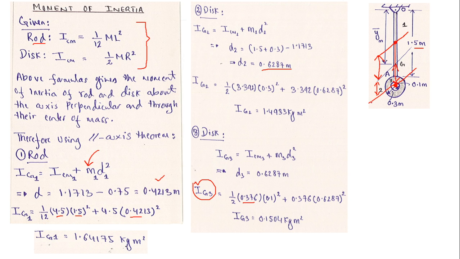So this is the distance between the axis that is passing from the centroid of the smaller disk and this axis that is passing from the center of gravity of this entire volume, that we have already calculated. It is 0.6287, so 0.6287 square, and this gives you the moment of inertia of a smaller disk about the axis that is passing from G.